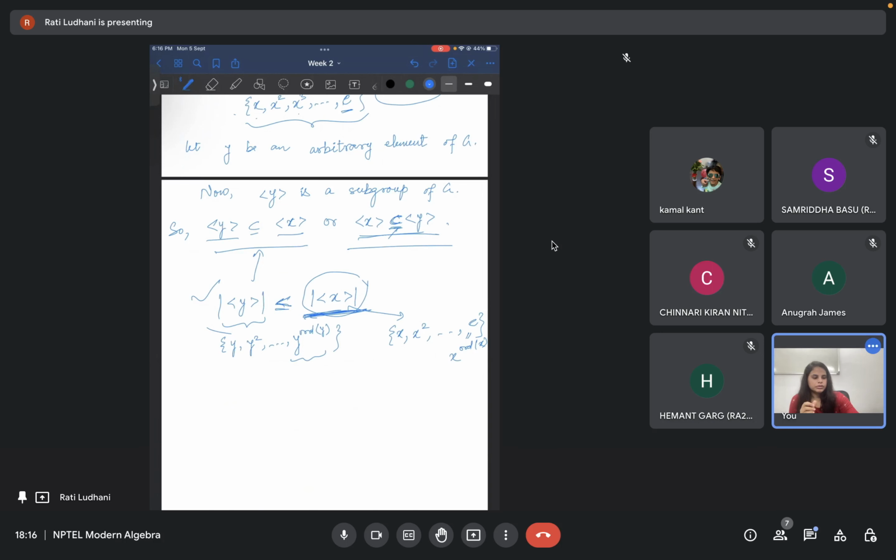Think of it like this: if the number of elements in this set is bigger than this set, that means the order of y is bigger. So order of y is either smaller or equal to order of x, because x has been chosen to be of highest order.